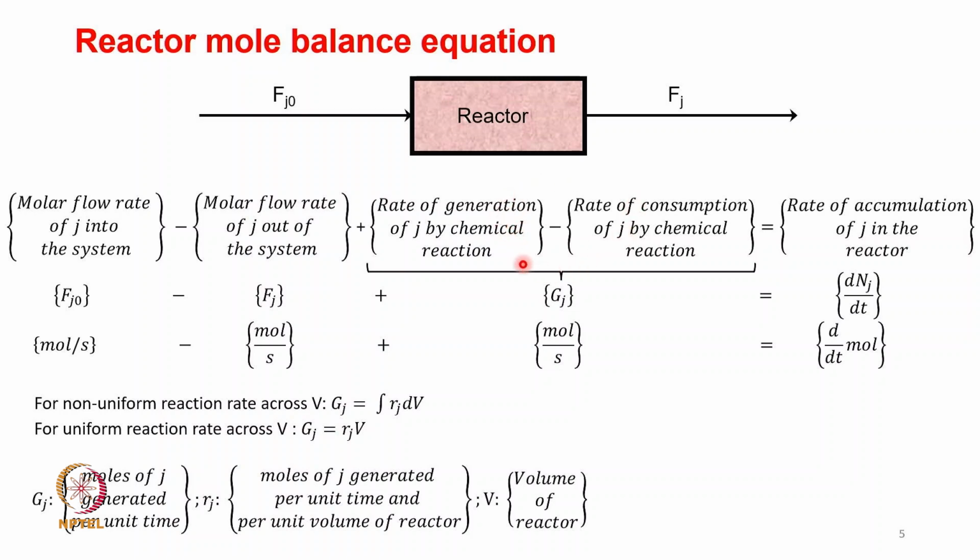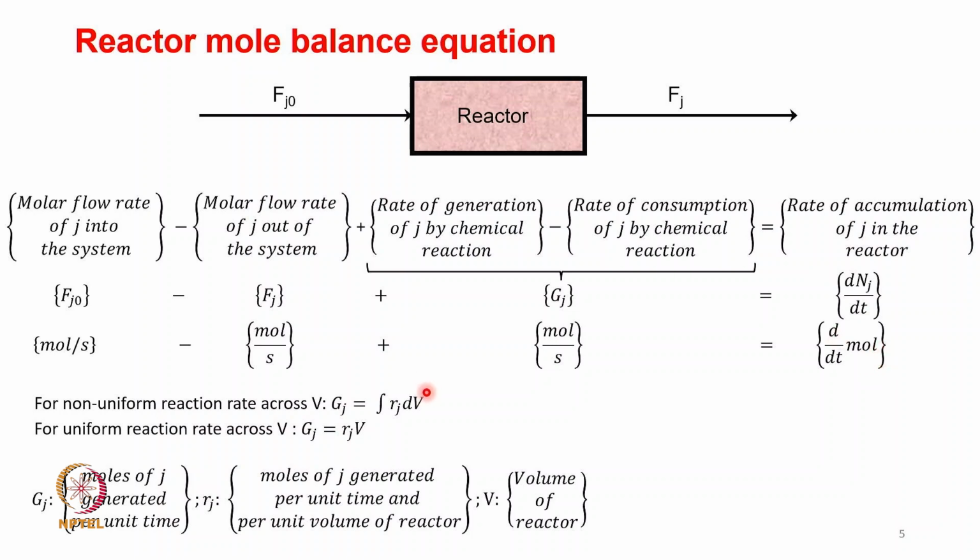G is the total resultant of generation and consumption, and this Gj indicates that this is for the jth component, and the rate of accumulation of the jth component in the reactor, let us denote as dNj by dt. And of course, your flow rate units are mole per second, and the final accumulation would be of the unit of d by dt of mole.